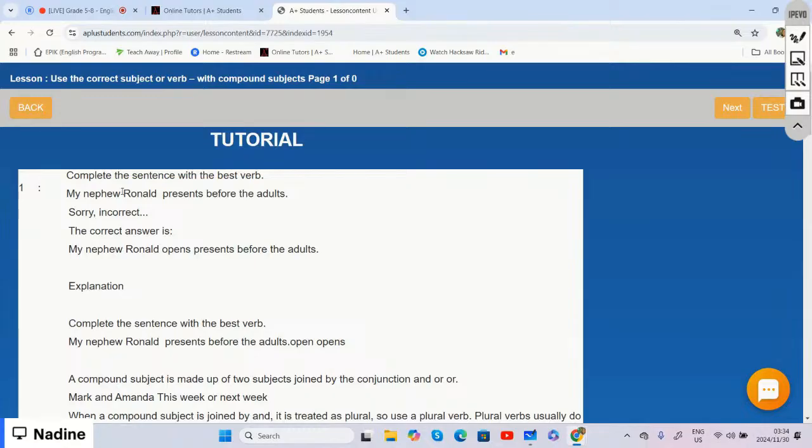Now we're going to use it with compound sentences. All right. So here we need to complete the sentence with the base verb.